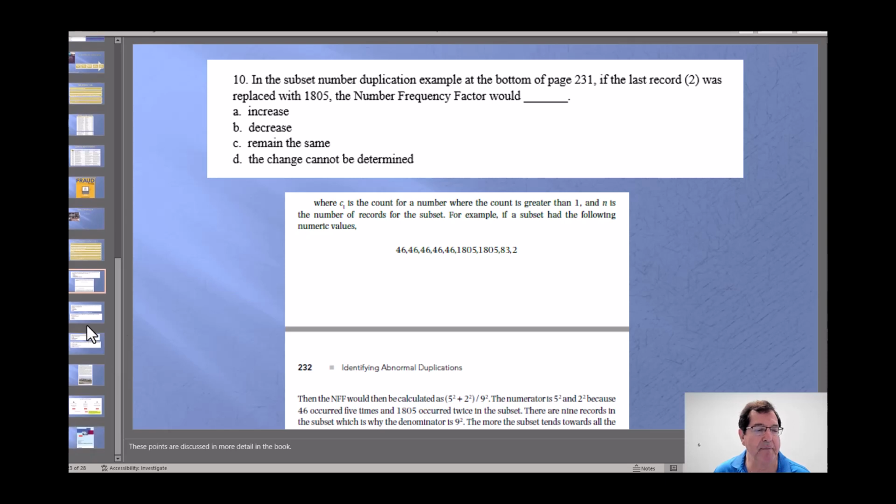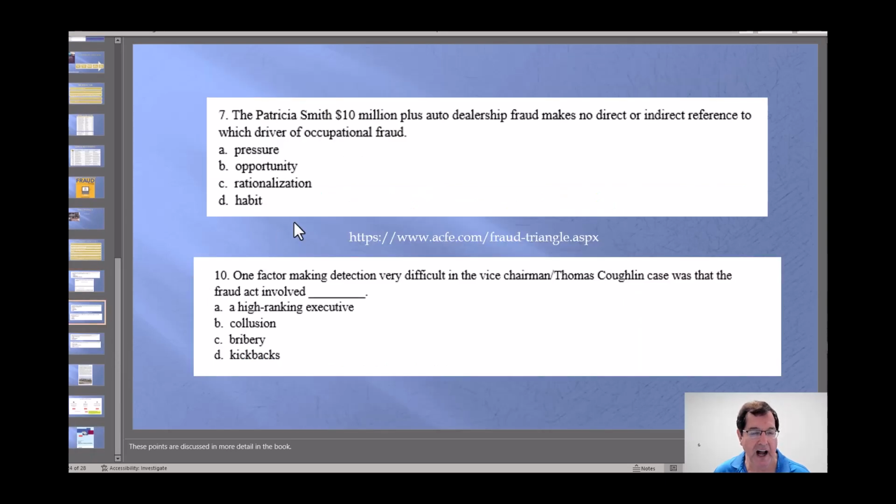Here are a few more examples of things I hope you know. Question 7. In the Patricia Smith case, no reference to what? No reference to rationalization. We talk about why she wanted to spend, we talk about how she did it, and this isn't a driver at all.